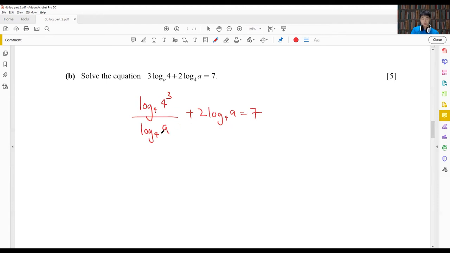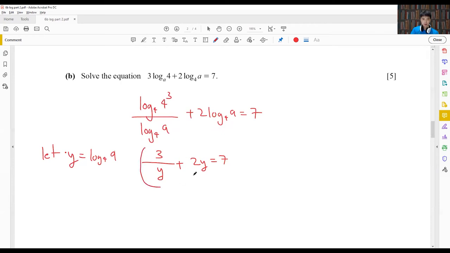What we need to do for this question is use the substitution method. Let y equal log base 4 of a. In this case, you would have gotten 3 over y plus 2y equals 7. Now, multiply y on both sides of the equation.